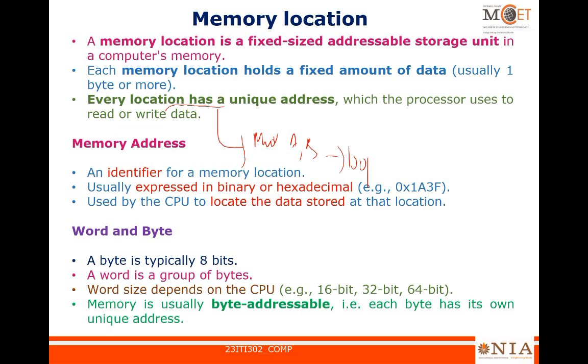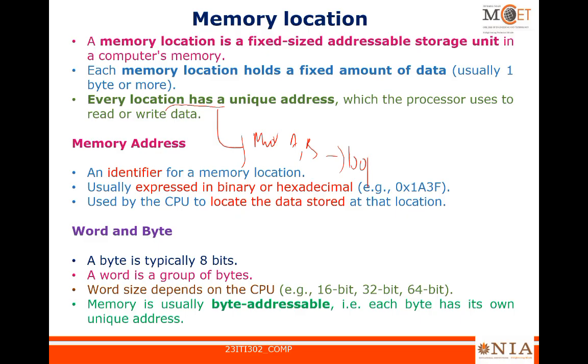We should also have some knowledge of bytes and bits, as word and byte are mentioned on this slide. A byte is typically a combination of 8 bits. A word is a group of bytes, and the word size depends on the processing unit.